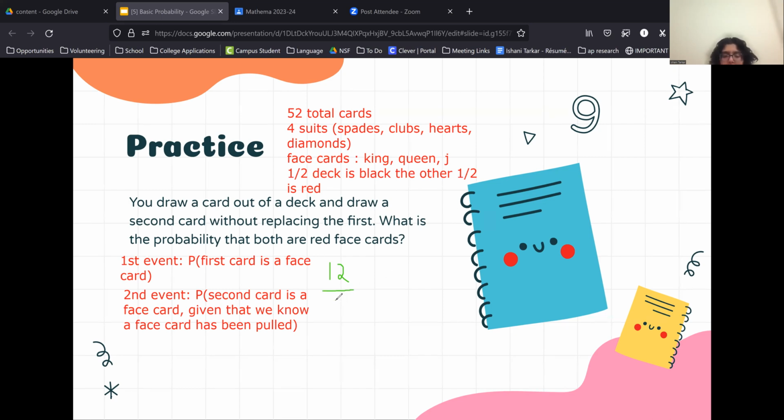So 12 out of 52, multiplied by the probability of the second card being a face card, given that we removed one of the cards.